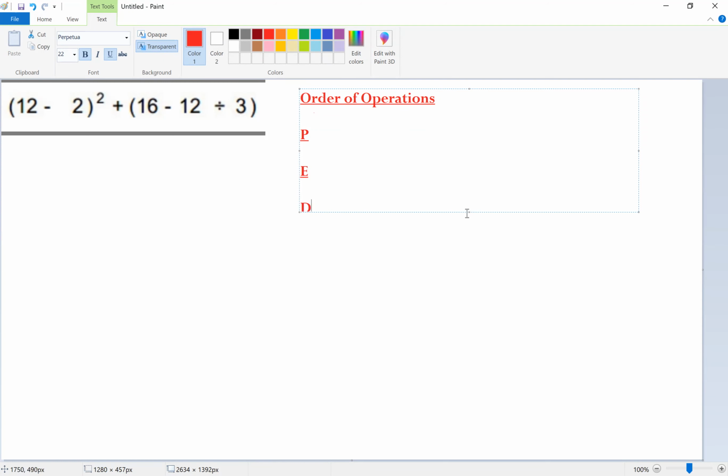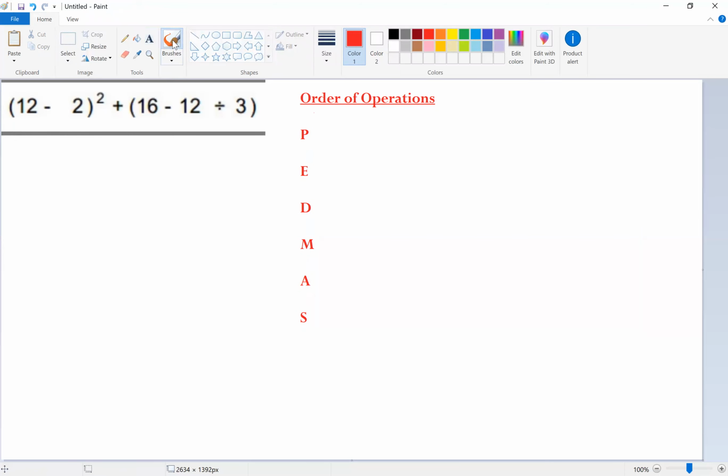The quick acronym to think about is PEDMAS, P-E-D-M-A-S. So P is parentheses. That would be right here. These are parentheses. If I do a little arrow, I can show you exactly what the parentheses is.